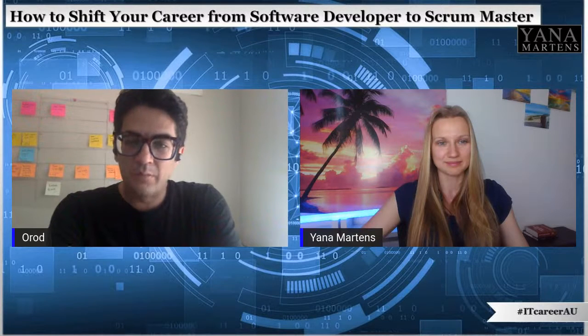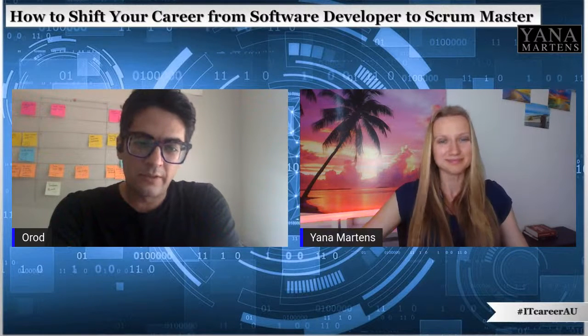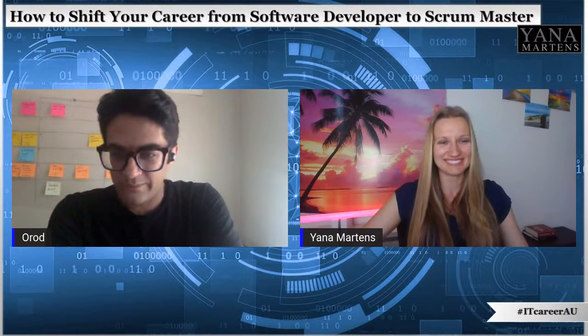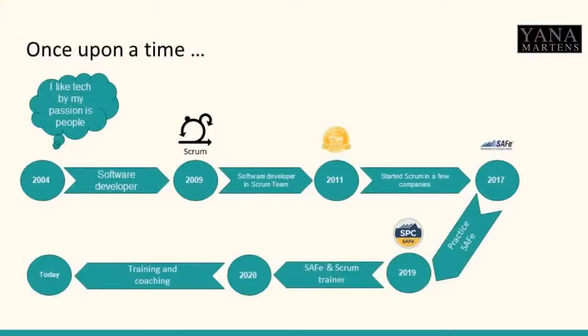So even at that time, I had a plan in my mind that at some stage I need to work with humans, and I'm not going to retire as a developer. But at that time, I had no idea about agile delivery and Scrum or anything like that. So I was thinking about project management.